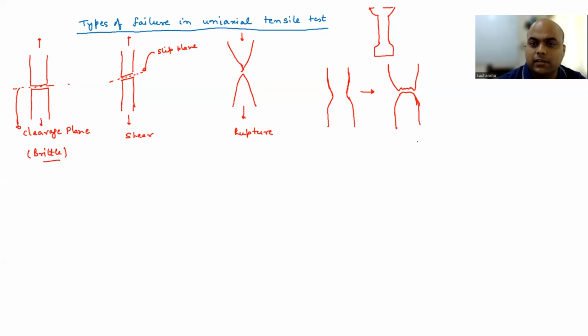Something like this. So the two sides are there when you do tensile testing. One side will look like a cup, and another side will look like a cone. In this case, this is like the cup, and this surface here is like the cone. So we call it cup and cone fracture.